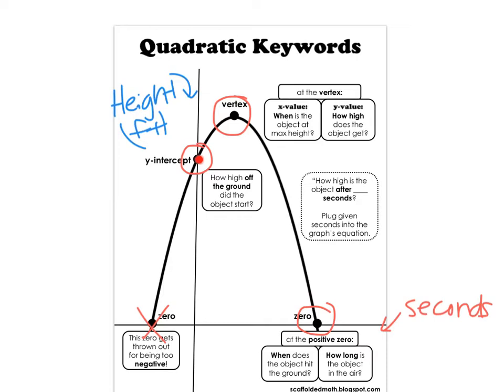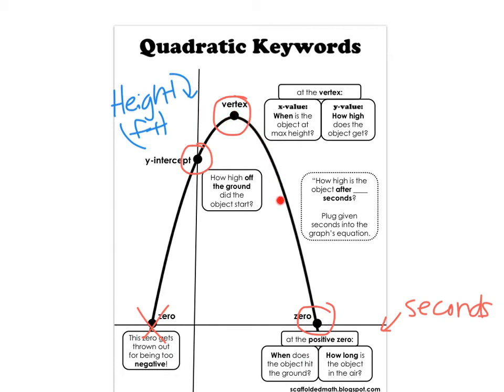That's where the object is being launched from, whether it's a baseball, a pumpkin, a football, a rocket. This is the high point of that particular object. The x value tells us when the object is at that high point because the x value is measuring seconds, and the y value tells us the height of the object. So how long and how far up did this object reach?